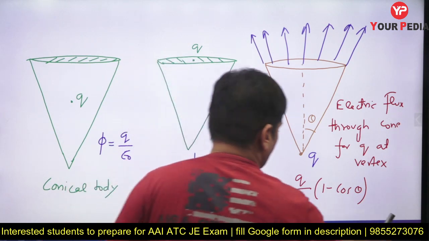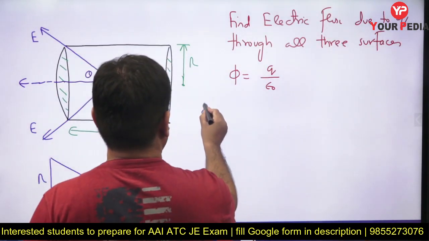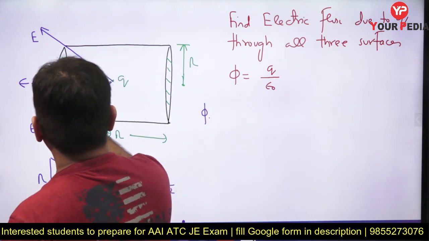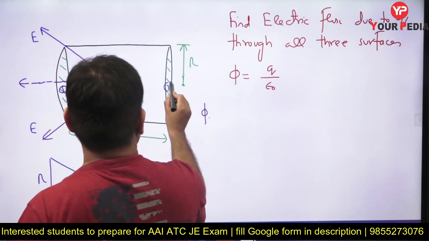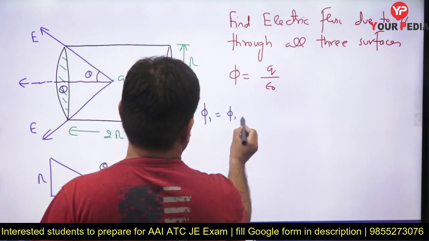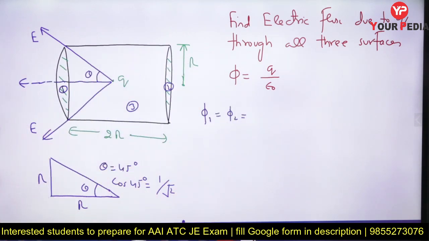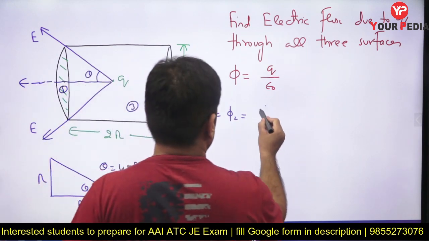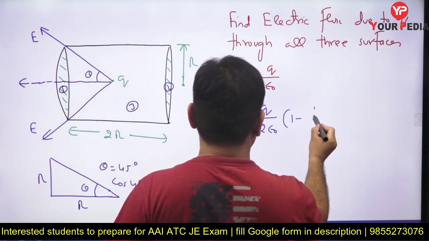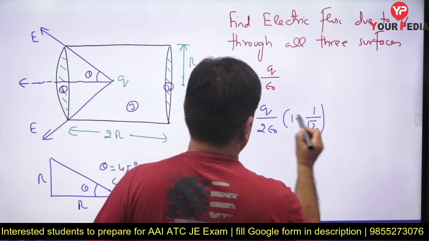Q by 2 epsilon naught. So phi through any of the surfaces, let us say this is number 1, this is number 2, curvilinear is number 3. Phi through 1 and 2 is going to be the same, and that is going to be Q by 2 epsilon naught into 1 minus cos theta, meaning this.